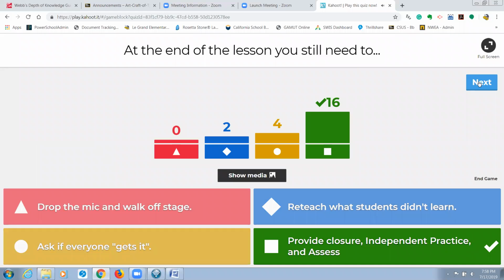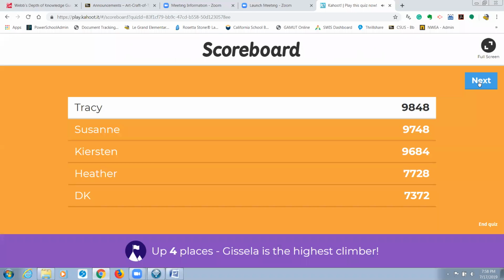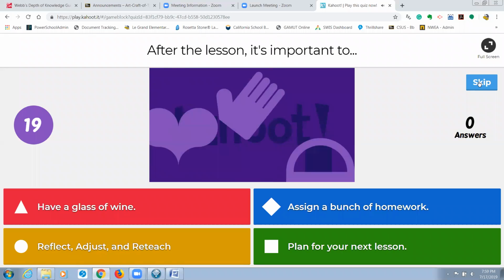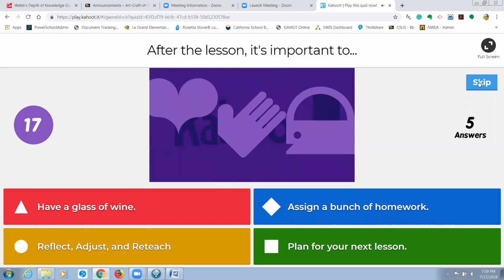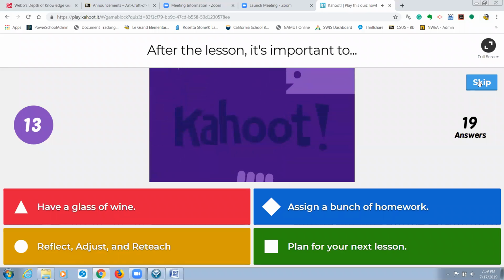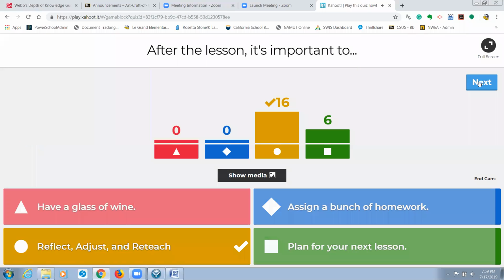Provide closure, independent practice, and assess. And finally, after the lesson, it's important to adjust and reteach, and then have a glass of wine.